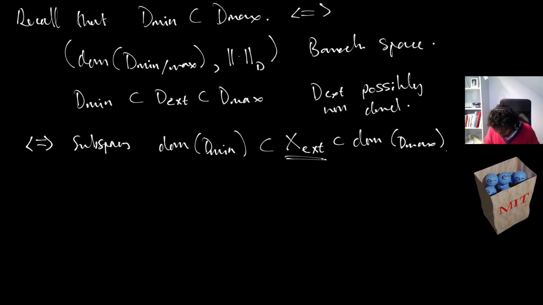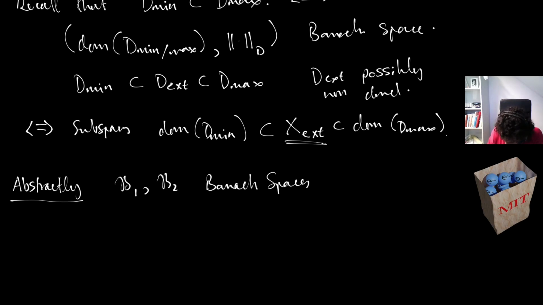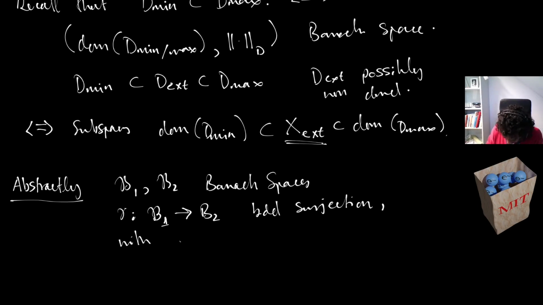So let's leave the world of operators for the moment and think about this abstractly first, just to get a handle on it. Abstractly, we have B1, B2 Banach spaces, and I want gamma to be a bounded surjection from B1 to B2 with B0 being the kernel of gamma.